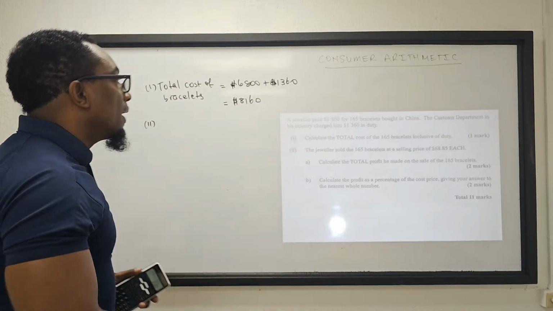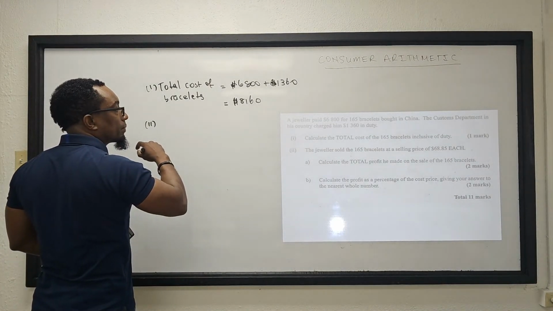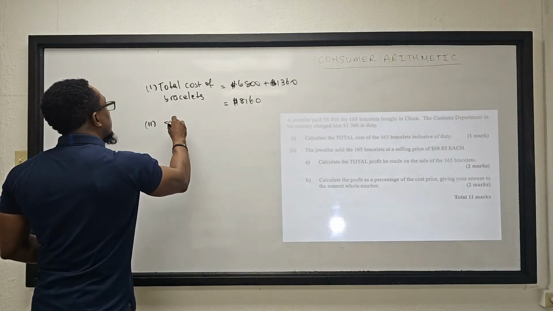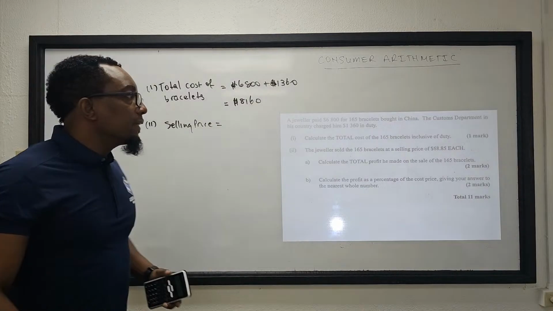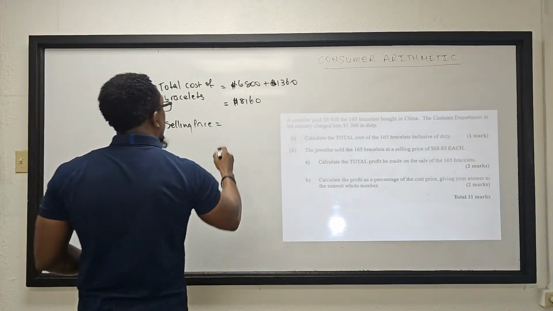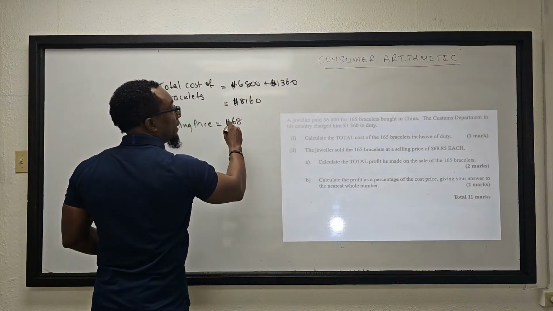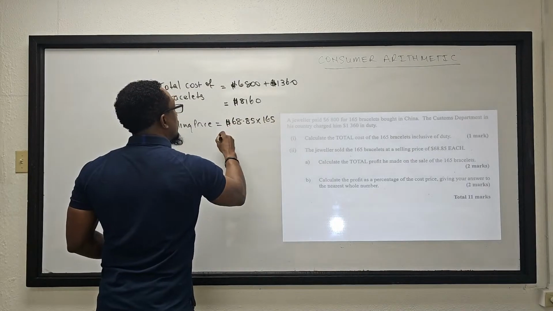So the selling price, right? It's $68.65 each, but it's 165 of them. That's $68.65 times 165.